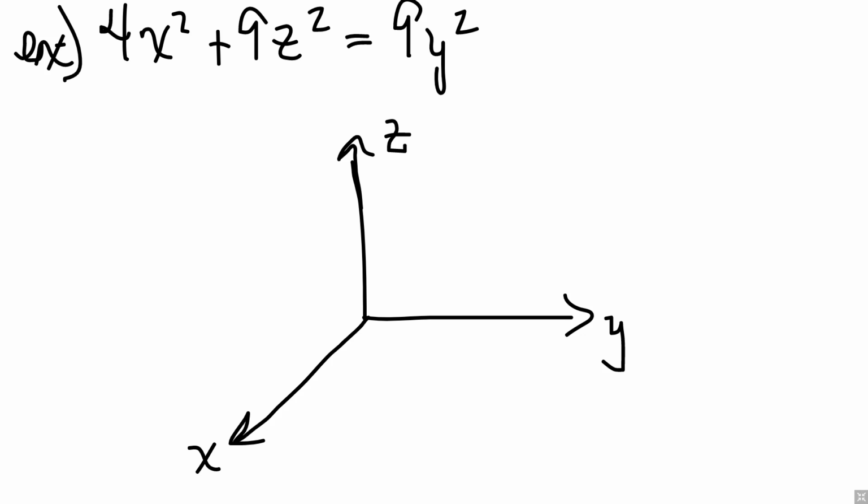So basically, those would be equal to each other. So this particular graph is going to go to the point 0, 0, 0, as one point that's going to happen.